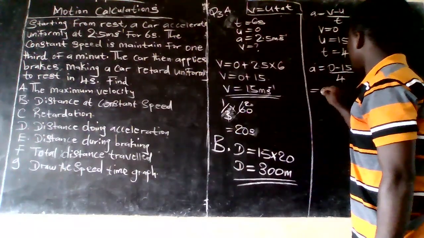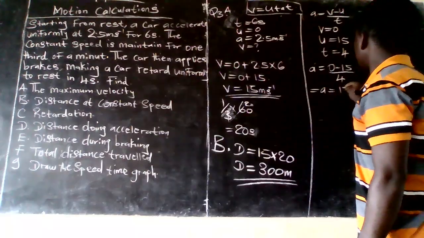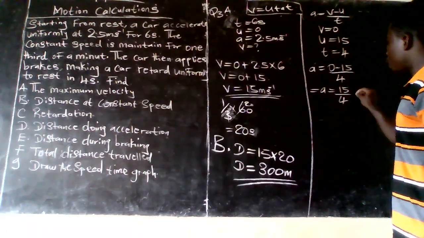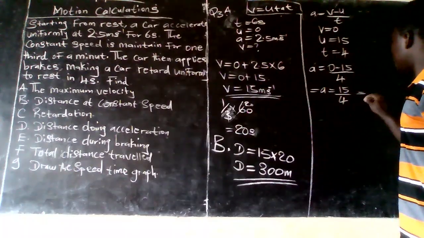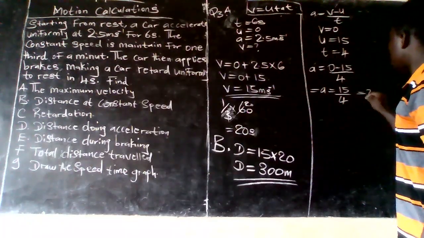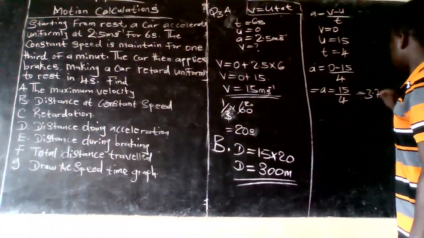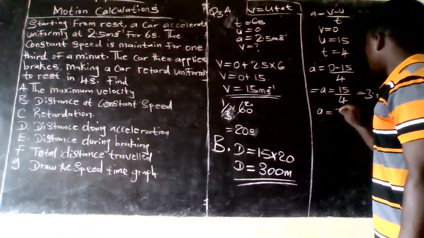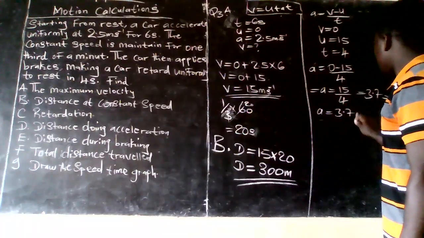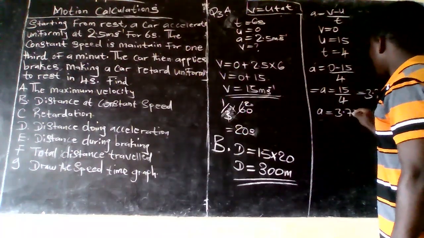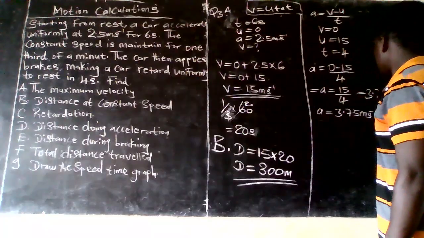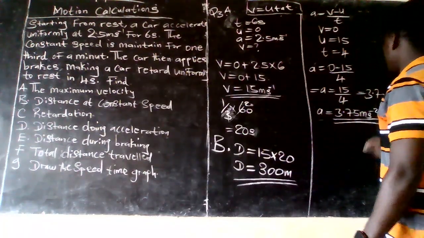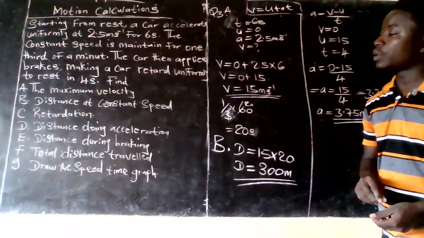This a equals 15 upon 4, which is 3.75. So our acceleration is 3.75 meters per second squared. So this is our retardation.